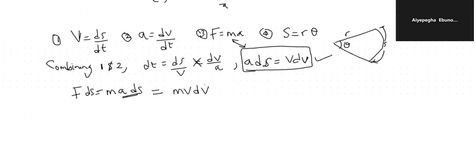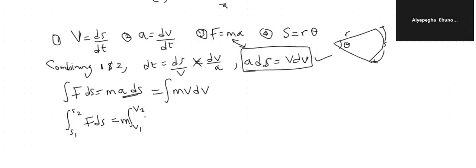Then if I integrate the left hand side and the right hand side, with my lower limit and my upper limit, the integral of F ds equals the integral of, of course you take the mass outside, m v dv.